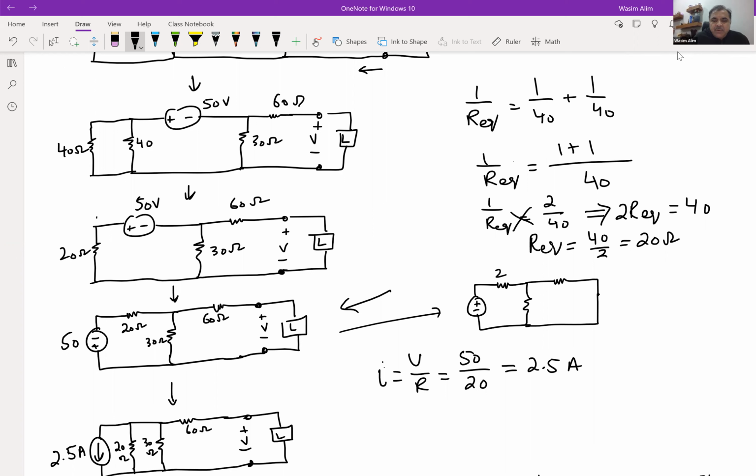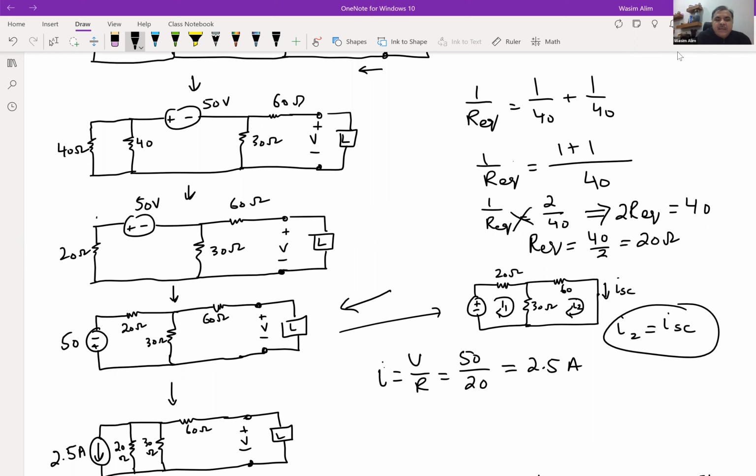So here you have 20 ohms, 30 ohms, 60 ohms, and you would write the equations for the two meshes there. This mesh could be I1, and remember there's an I short circuit. So this is I2. When you solve for I2 and I1, the I2 would be equal to I short circuit. So that'll be one quantity that you can find using this technique.